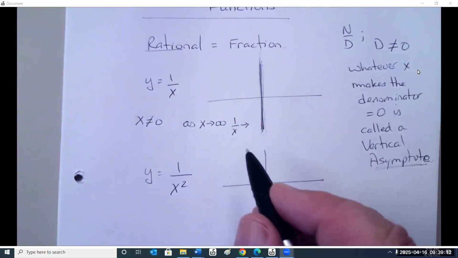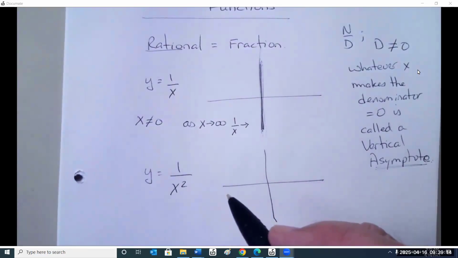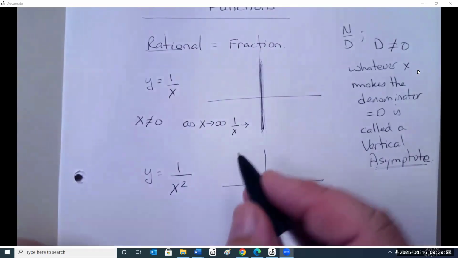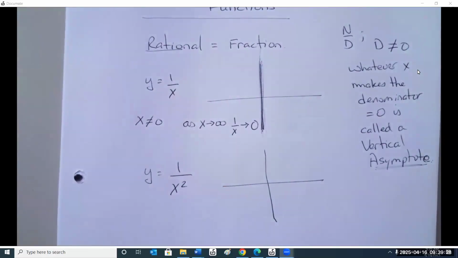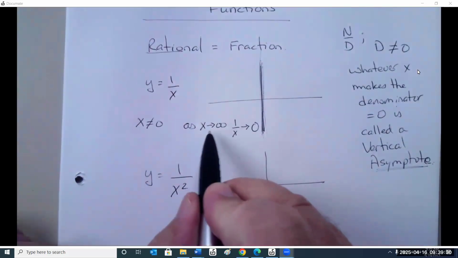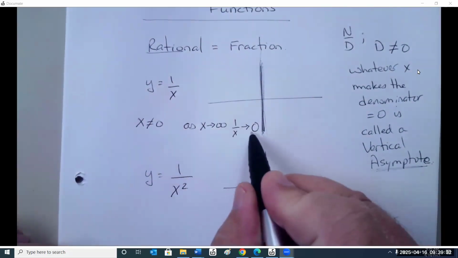It gets smaller. Eventually it gets to how small? It gets so small, it gets very close to 0. So as x goes to infinity, this number gets very small.